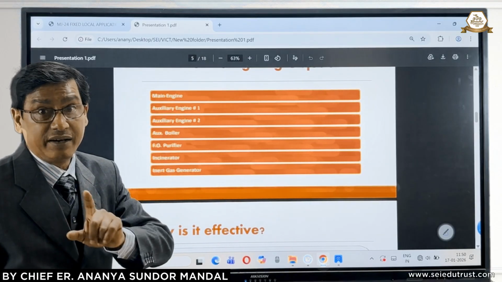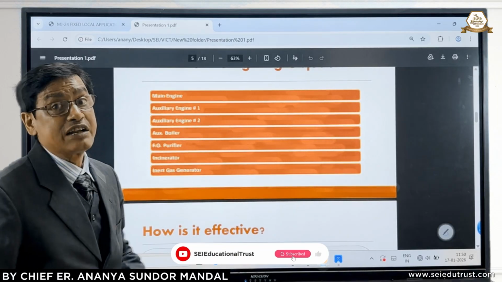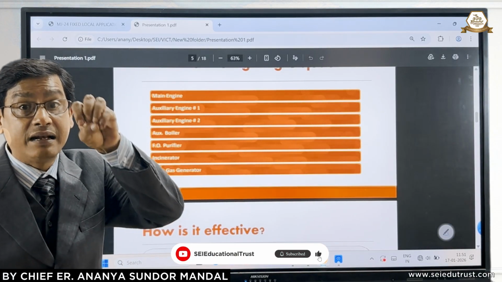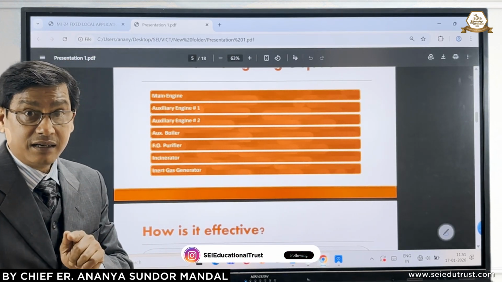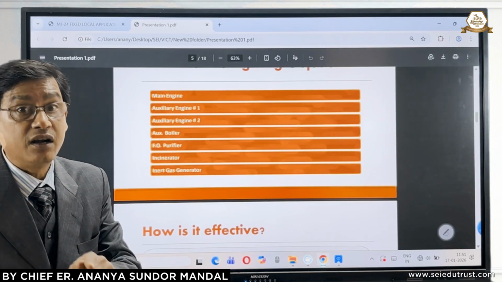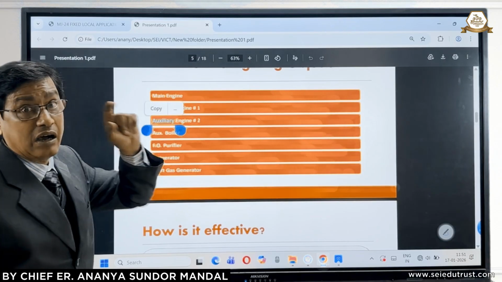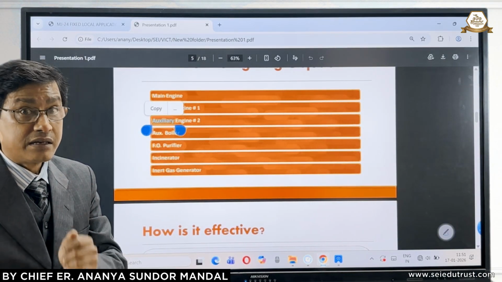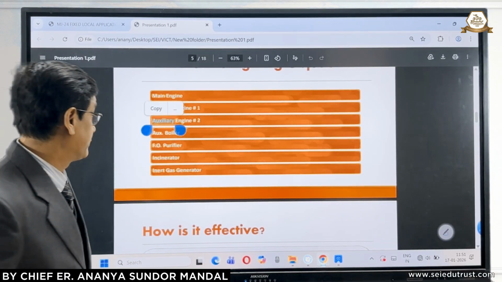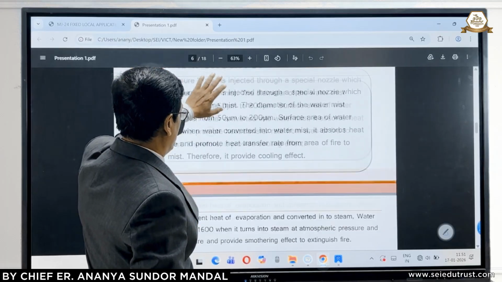It cannot be activated if the smoke detector of auxiliary engine 1 and the flame detector of auxiliary engine 2 are activated. No. The smoke detector and flame detector of that particular area should activate at the same time. Only then will the Hypermist system activate in automatic mode. Okay, now let me discuss the system flow diagram first.